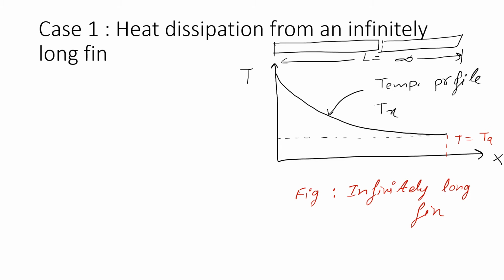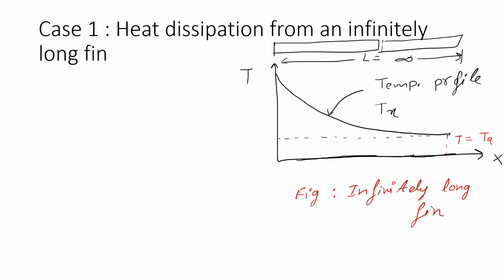It is a graph between temperature and length of the fin, that is x. From the graph you can observe that as we go to the farthest end of the fin, the temperature is decreasing, and at the end point it becomes equal to the ambient temperature.